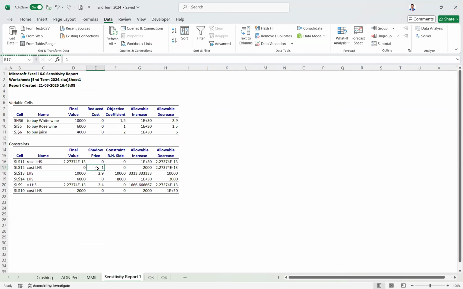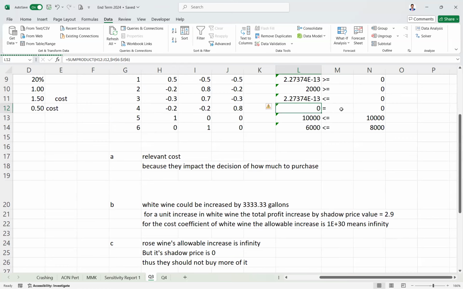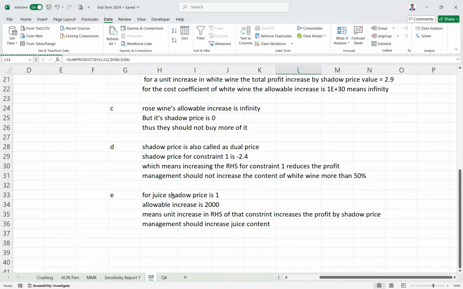The shadow price is 1 unit, meaning the shadow price is positive, and the allowable increase is 2000, which means you can bring 2000 more units of the juice. For juice, shadow price is 1, allowable increase is 2000 units, which means a unit increase in the right hand side of the constraint increases the profit by the shadow price. Management should increase the juice content. That is a simple answer.